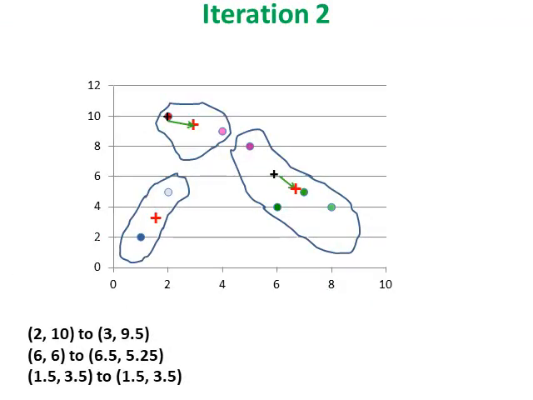Next step is to update the centers. Center 1 is updated from 2, 10 to 3, 9.5. Center 2 is updated from 6, 6 to 6.5, 5.25. Center 3 is updated from 1.5, 3.5 to 1.5, 3.5.